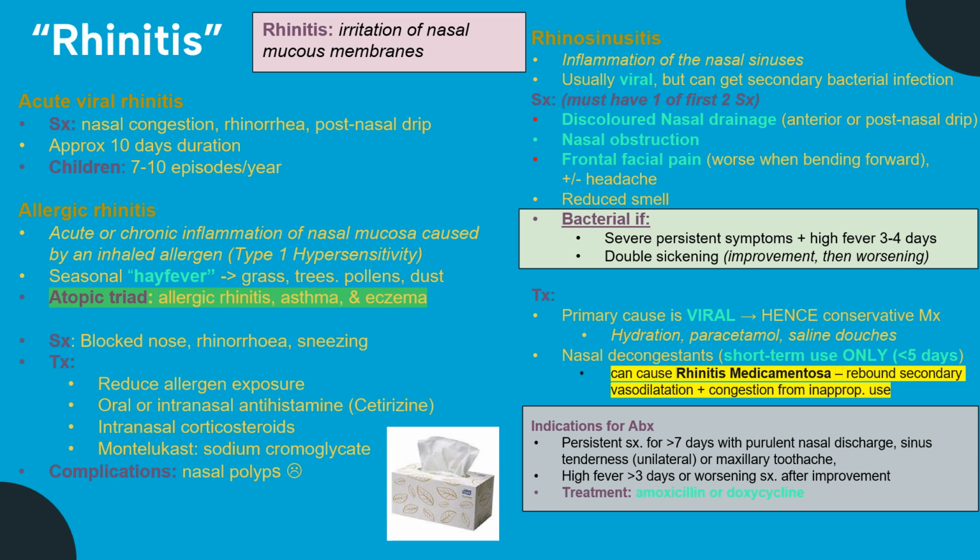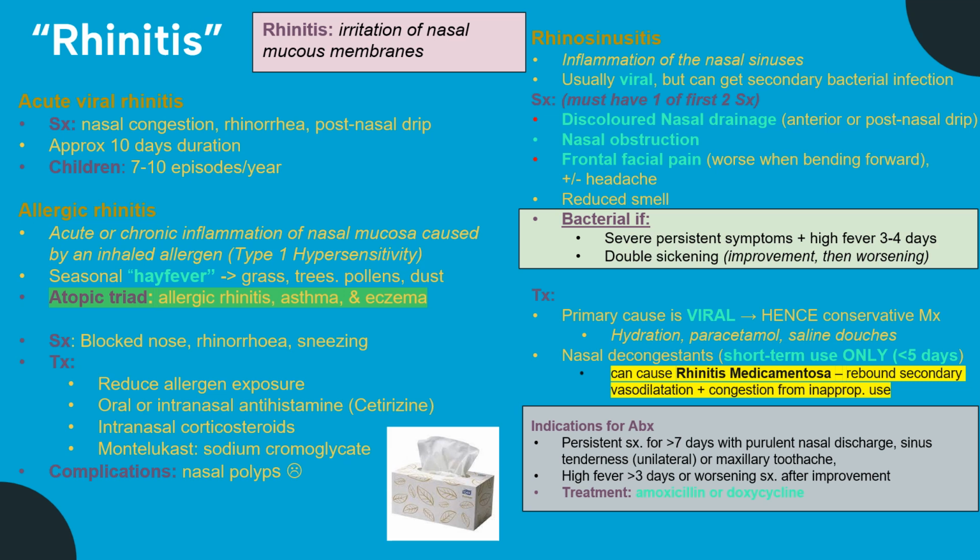So rhinosinusitis is inflammation of not just the nasal mucosa, but also your nasal sinuses. It's typically viral, but in some cases you can get a bacterial infection too, and in quite rare cases, it can be fungal as well. You have to have either discolored nasal drainage, which can be anterior or postnasal, or a nasal obstruction, so essentially a blocked nose, or both, of course.